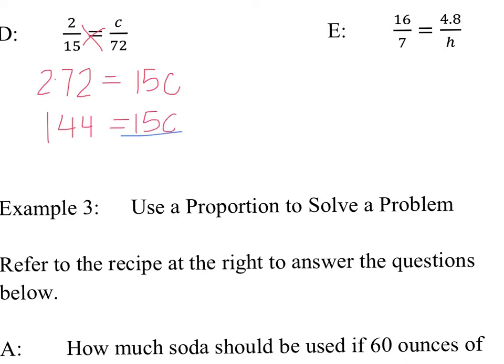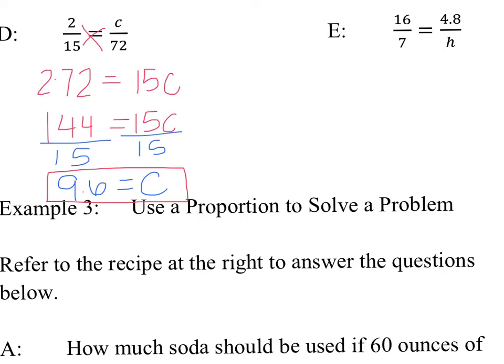We need to divide both sides by 15. 144 divided by 15 is 9.6, and that equals C. You are welcome to use a calculator for these, so decimals are okay. Just make sure if you need to round that you round properly.